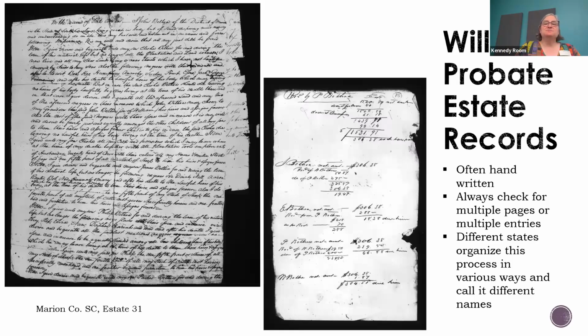So, wills, probate and estate records. Hope you have brushed up on your handwriting analysis, because you do need to be able to read handwriting or bring along a friend who can. When we have teenagers come into the room wanting to look at some of these things, we recommend they bring a grandparent or a great-grandparent with them, because their parents and they have probably not been taught how to read handwriting.